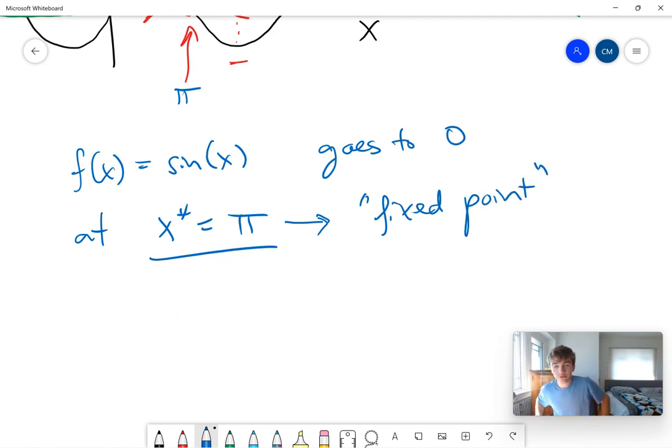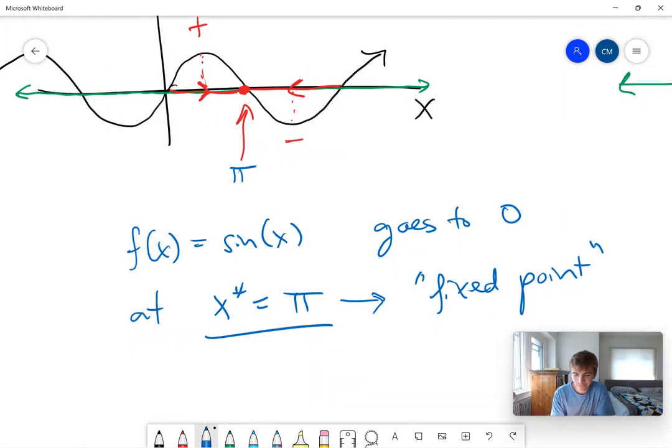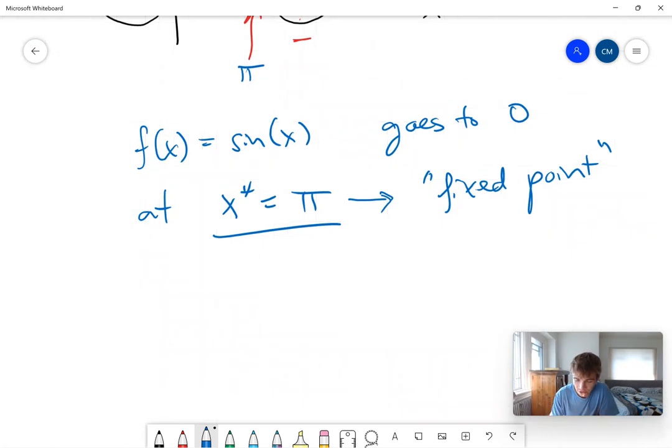And we're going to be dealing with a lot of fixed points in this course. Now, fixed points can have certain qualitative properties. They can either be what we call stable or unstable or semi-stable. In this case, this fixed point at pi is stable, and that's because the trajectories, the solution curves, are flowing into it. So it's acting like a sink, absorbing solution curves, and so this would be a stable fixed point.